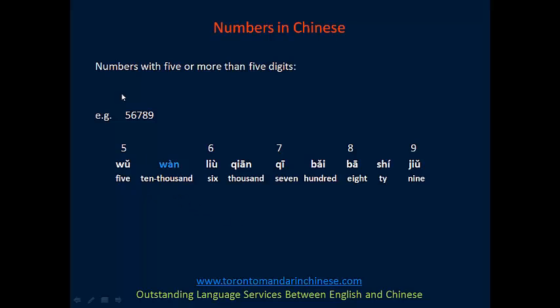Now let's look at numbers with 5 or more than 5 digits. For example, 56,789. How do we say this number in Chinese? 万 means 10,000.